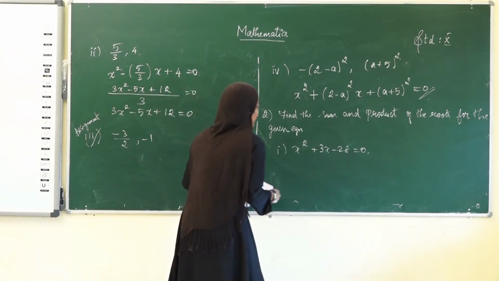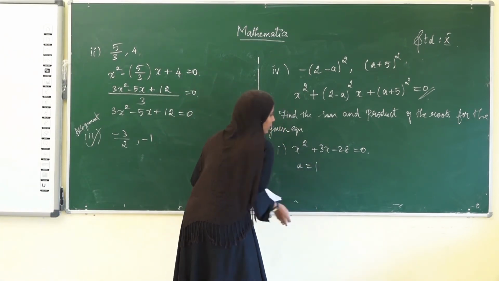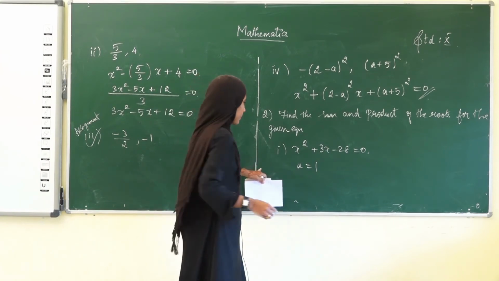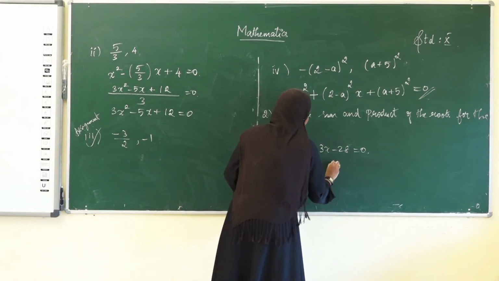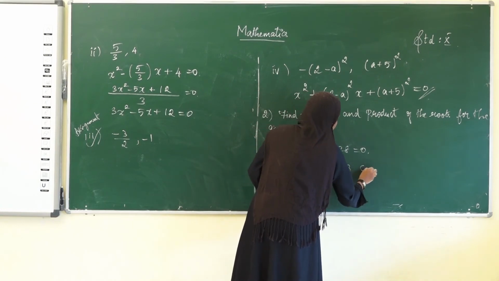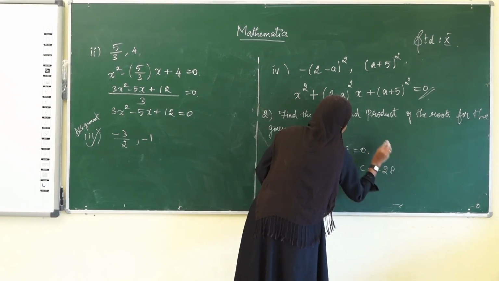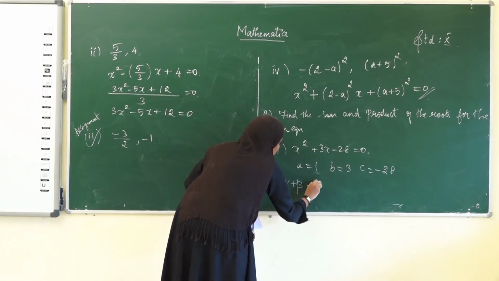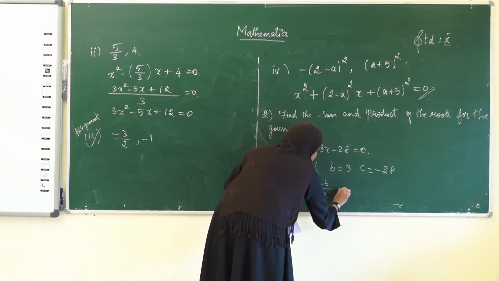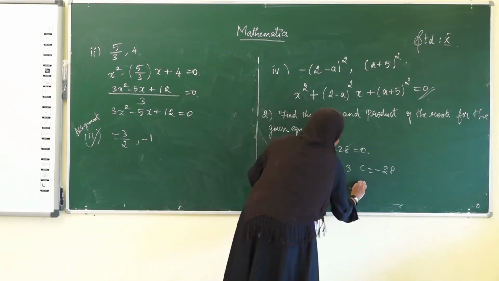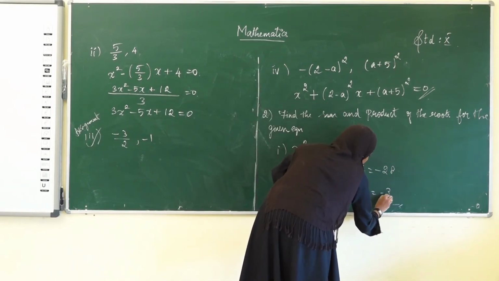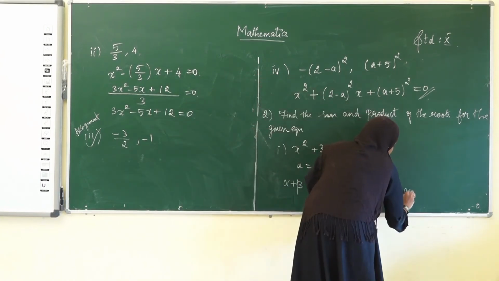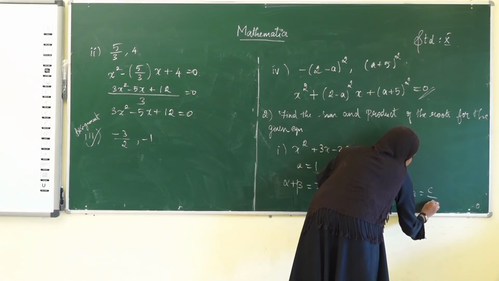Okay, see here the value of a is 1. This type of sum we have solved in the example. The value of a is 1 and the value of b is 3 and the value of c is minus 28. We know the sum of the roots is alpha plus beta, which is equal to minus b divided by a, minus of 3 divided by 1, which is equal to minus 3, and the product of the roots is alpha into beta, that is c divided by a.